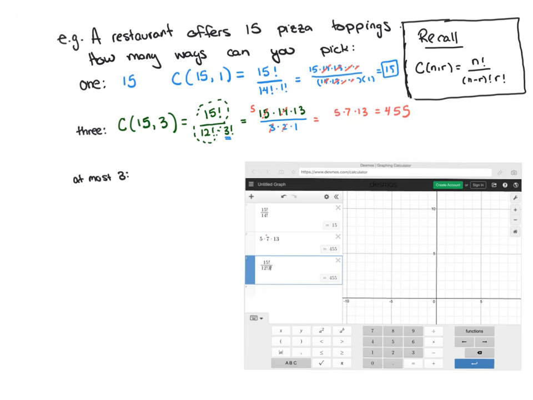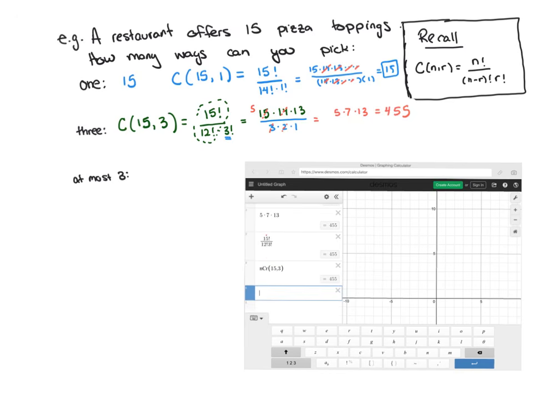Just like there was a P and R button, there's also a C and R button. So another way to do this is to go into functions, and then in stats, you can find NCR, and then you just need to put in your 15, comma, 3, and it will give you that 455, right?